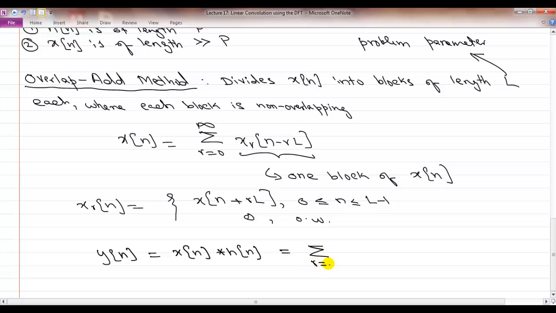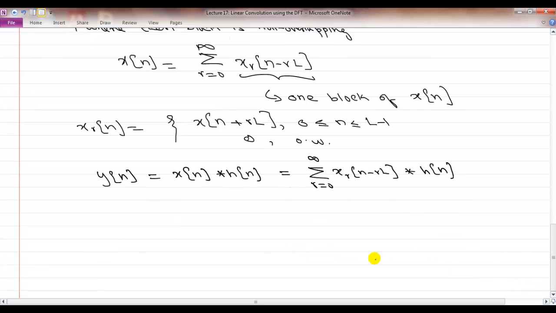So I get the sum over r from 0 to infinity of x_r[n minus rL], convolution with h[n]. Okay. Now because of the linearity of convolution, I simply get the sum over r equal to 0 to infinity of x_r[n minus rL] convolution with h[n].